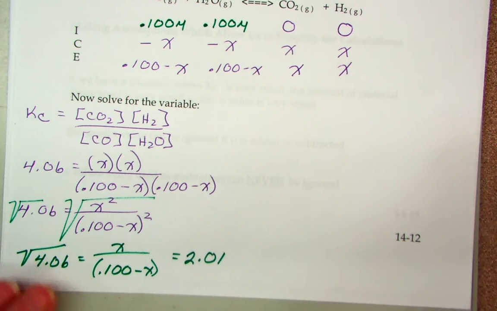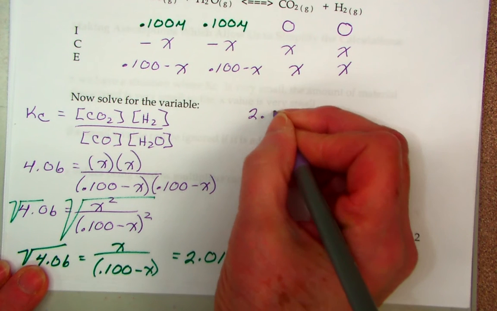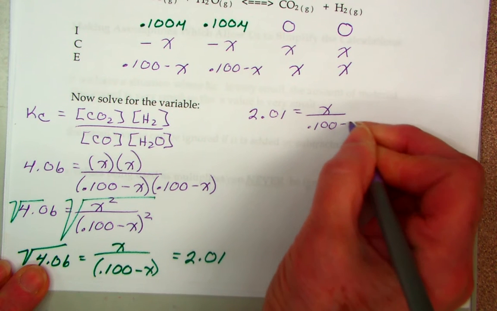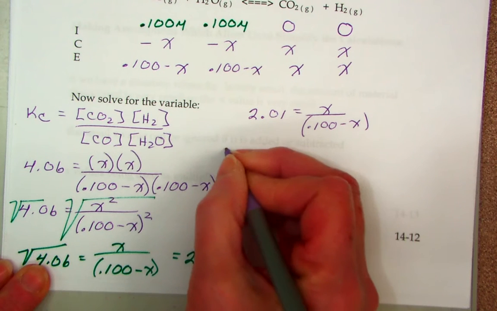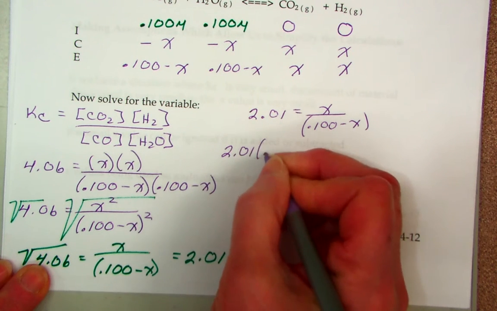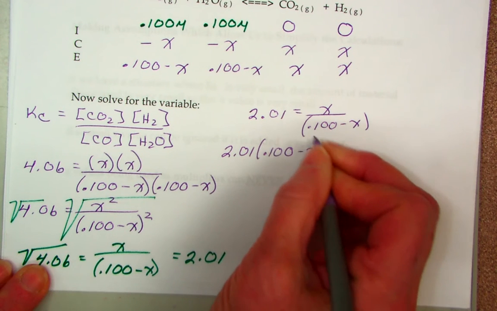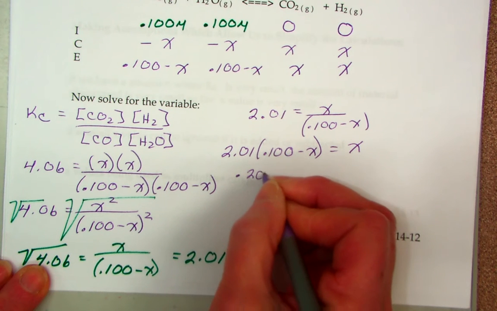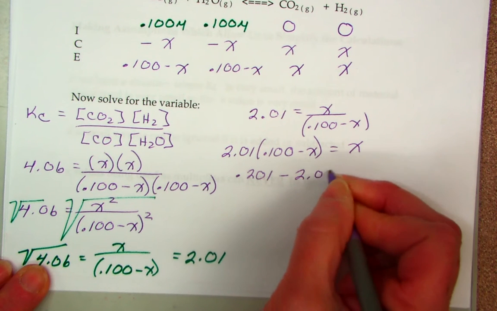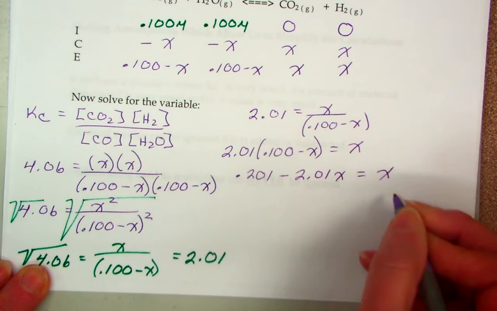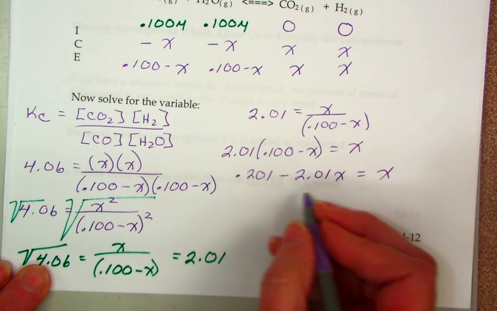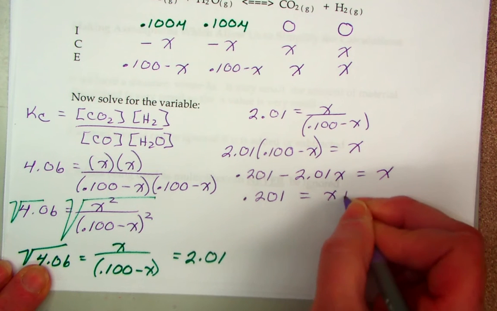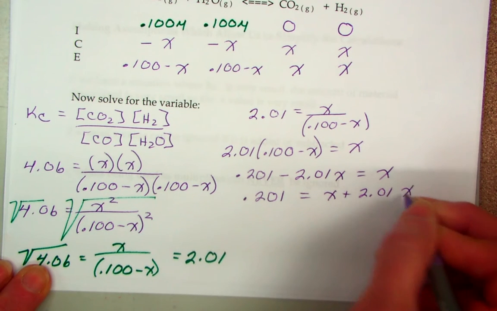So now we can rearrange. 2.01 is equal to X divided by 0.1 minus X. So multiplying both sides by the quantity 0.1 minus X is equal to X. So I get 0.201 minus 2.01 times X is equal to X. Now adding the X to both sides, I get 0.201 is equal to X plus 2.01X.